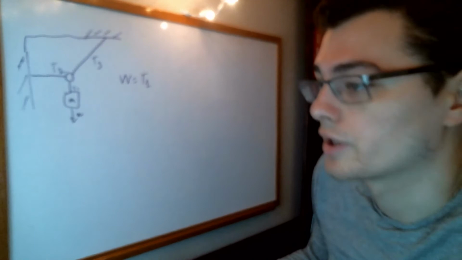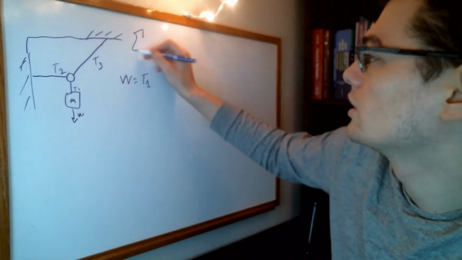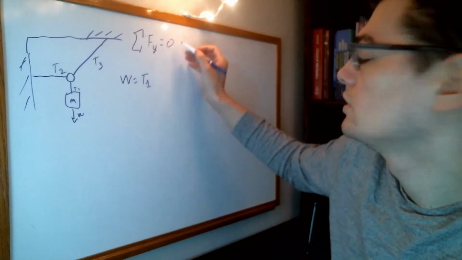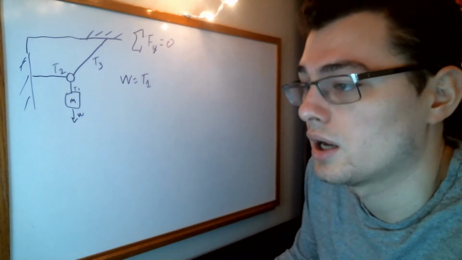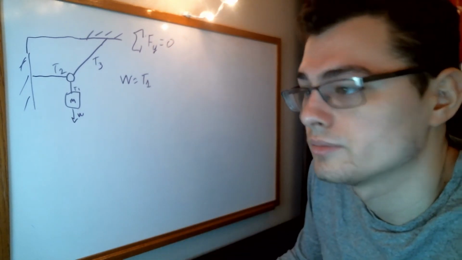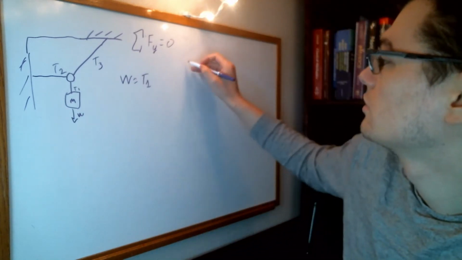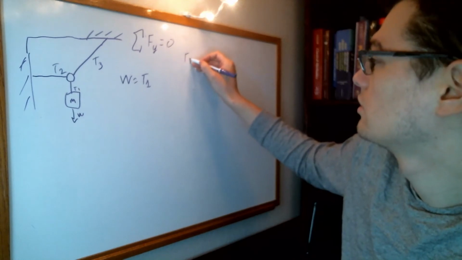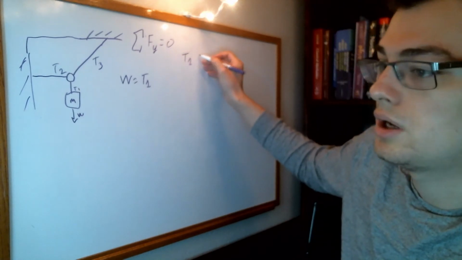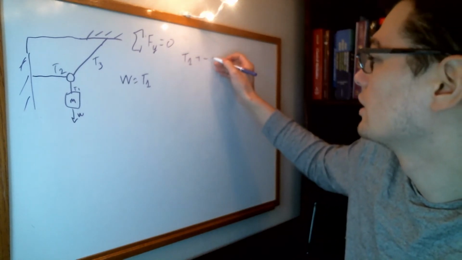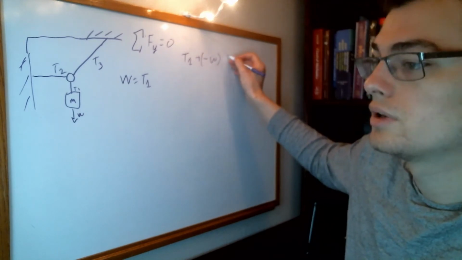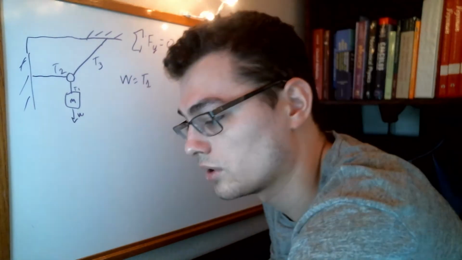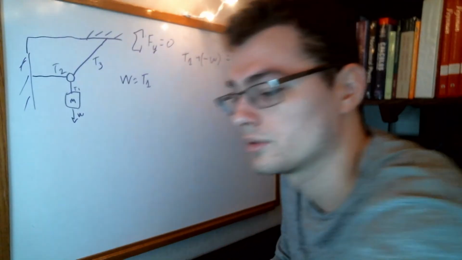So if we wanted to rigorously do this, we could write the sum of Fy is equal to 0, and so then these two have to add up to be 0, and so then in this case we'd have to go T1 plus negative W is equal to 0, and so then we get that these two are equal to each other.